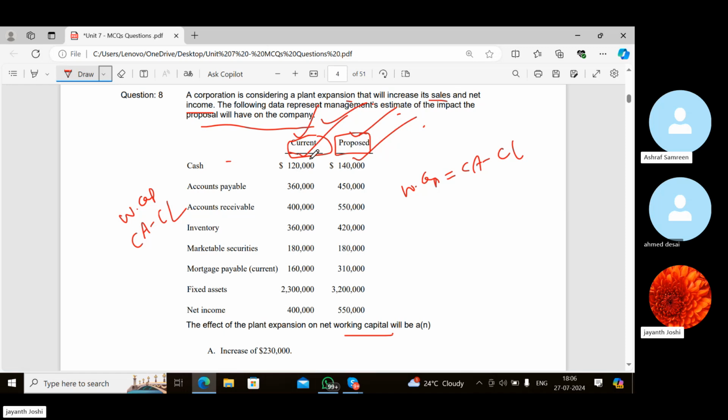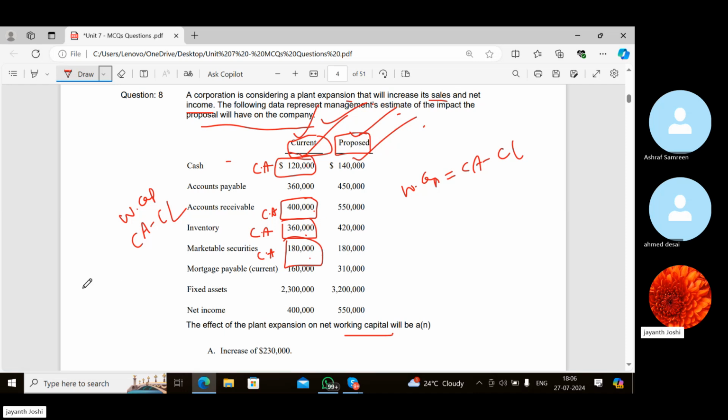So cash you need to take for current assets, account receivable you need to take for current assets, inventory you need to take for current assets, marketable securities you need to take for current assets. Add all of them. How much? 1.24, 5.2, 5.2, 3.6, 5.8, 0.8. 10,60,000.